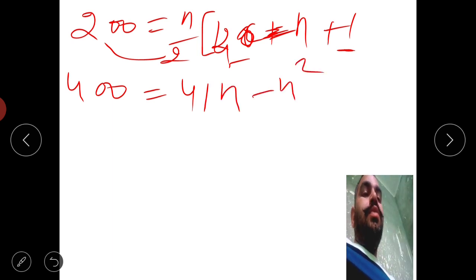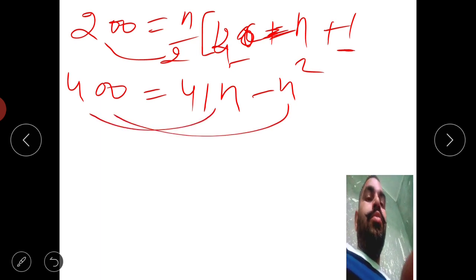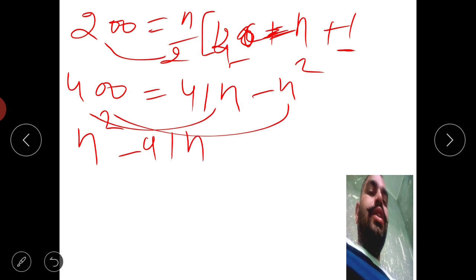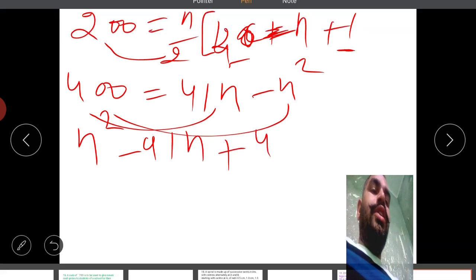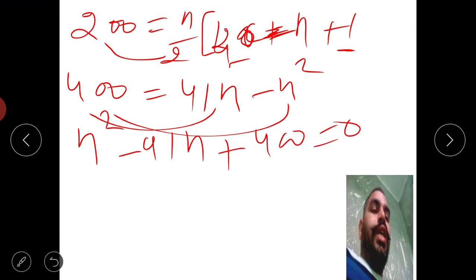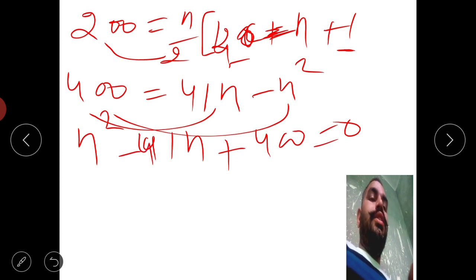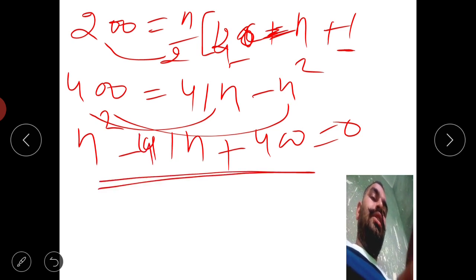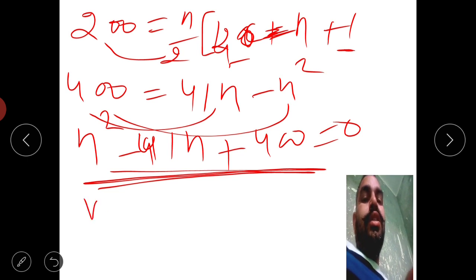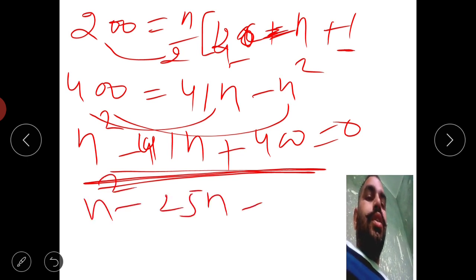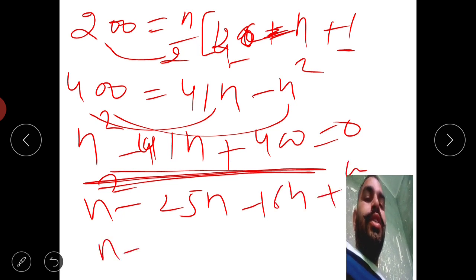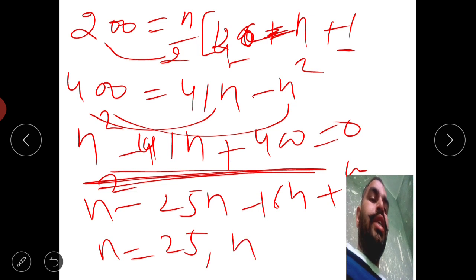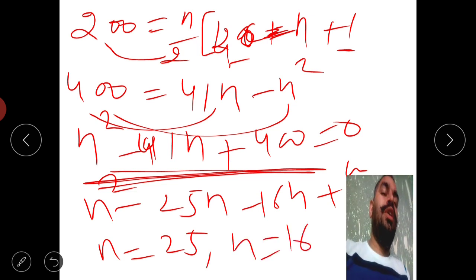And if we transpose both to this side, then I have n square minus 41n plus 400 is equal to 0. And if you factorize it, n square minus 25n minus 16n plus 400, and then n is equal to 25 and n is equal to 16 we got.